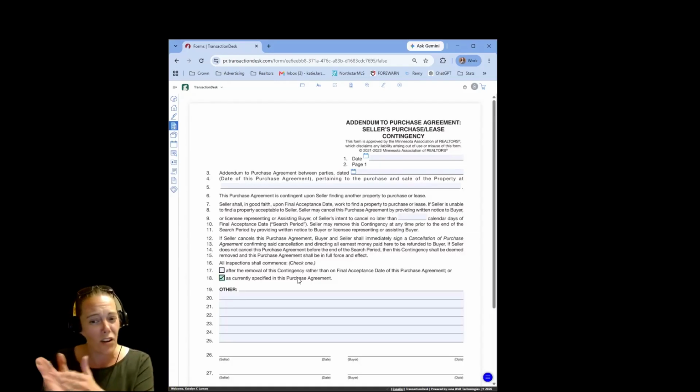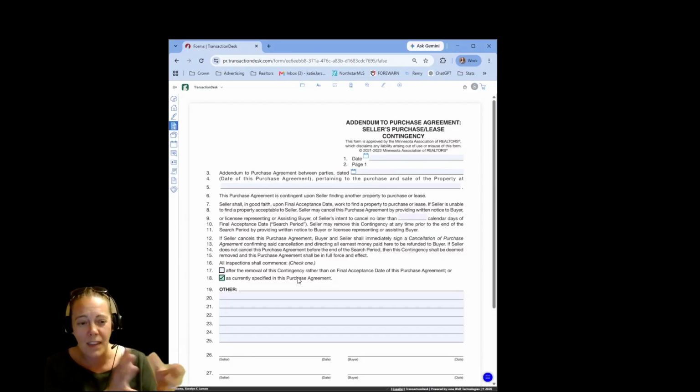And they'll just do everything concurrently, because the seller can take that inspection report and use it for the next buyer if they need to. So there are pieces to think about here. That's why they're two different checkboxes, so everybody can be on the same page. Because that's the biggest deal, everybody needs to be on the same page as to when those timelines start.